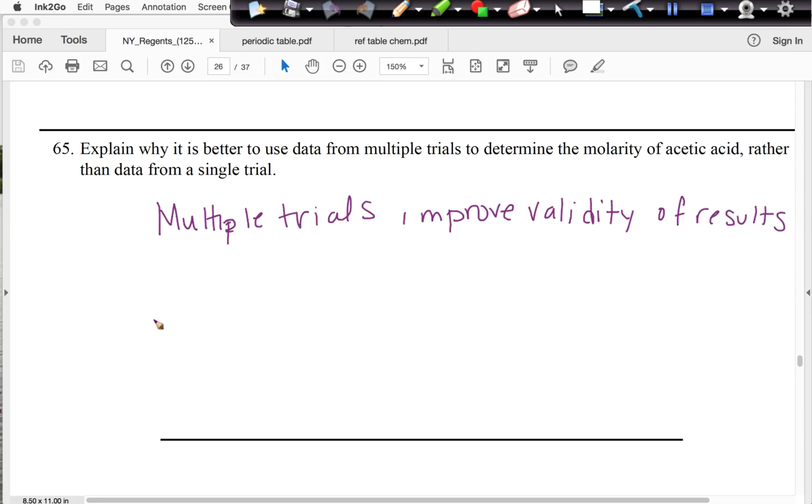It helps to cancel out error. And it shows that the information, or that the process, is reproducible.